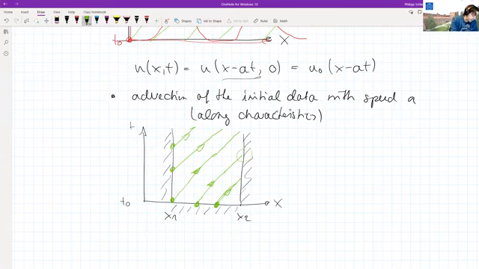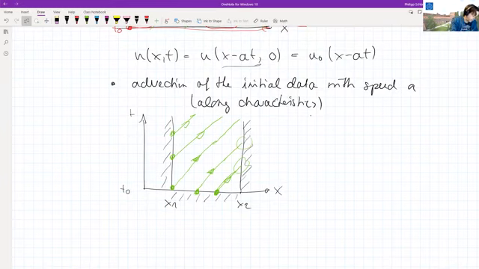However, at these positions, essentially when a characteristic hits an outflow, or goes into the boundary of the domain, that's the place where the information is actually just flowing out. There's nothing coming back in, just from the solution that we discussed. Which then, of course, also means that at those places, we're not supposed to prescribe boundary conditions.